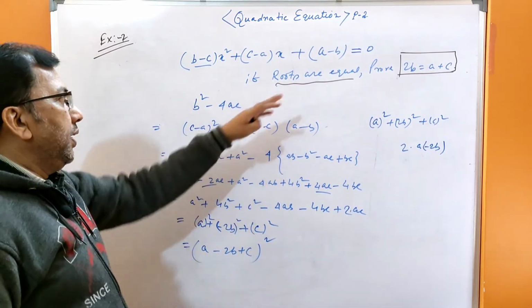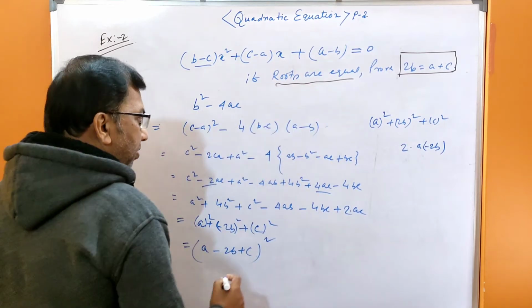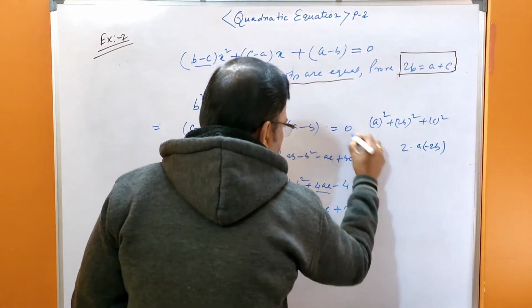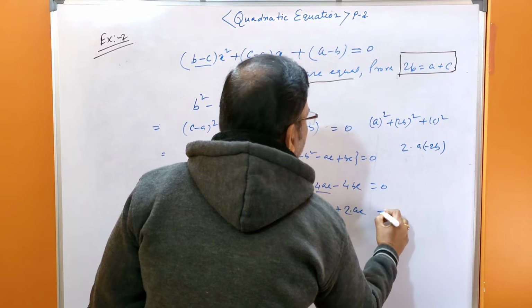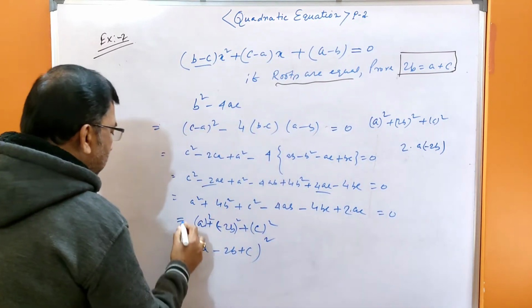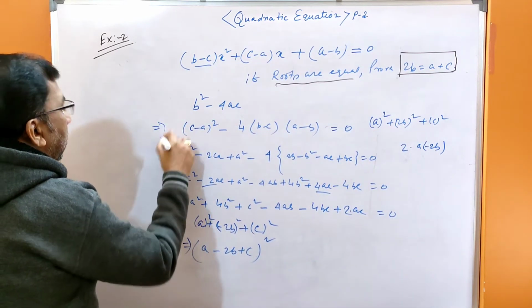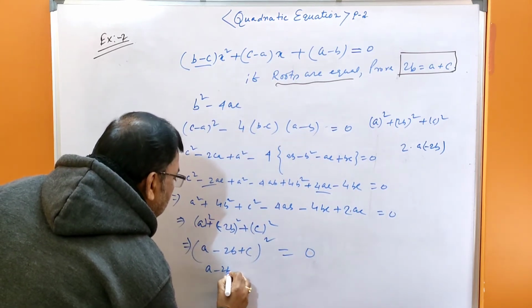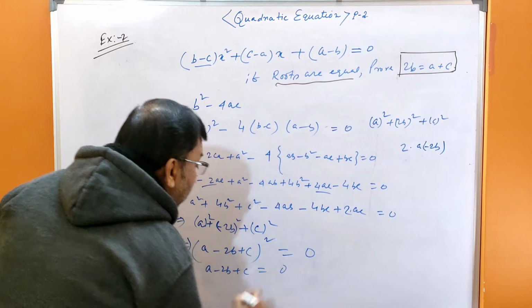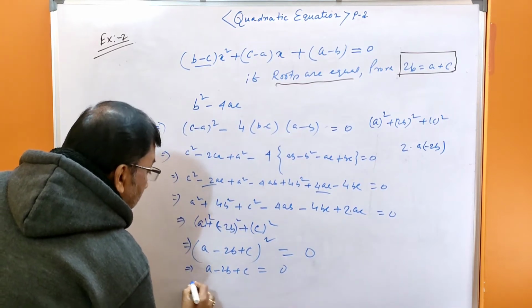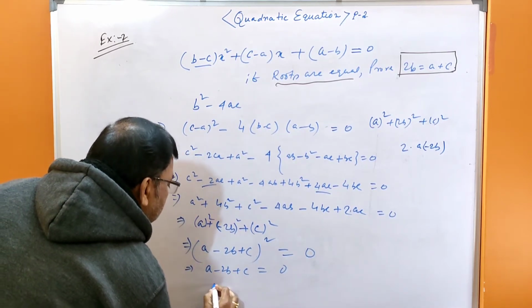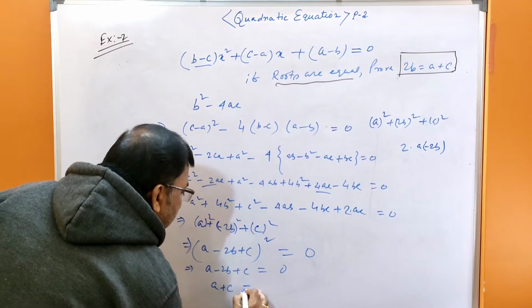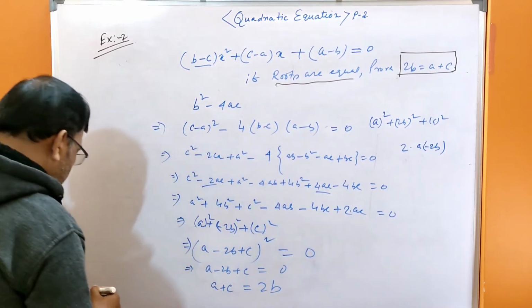When the given roots are equal, then you have to take all as 0. So this equals to 0. So a minus 2b plus c equals to 0. That means a plus c equals to 2b. Proved.